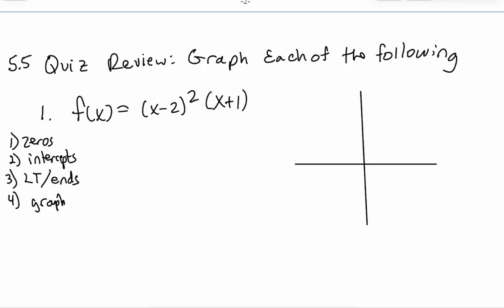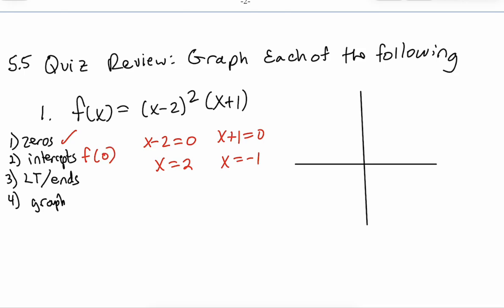So for the zeros, you're just going to set x minus 2 equal to 0 and x plus 1 equal to 0. Those are the zeros. So step 1 is done. The intercepts, those are the x-intercepts. I'll be more clear and tell you the y-intercept.